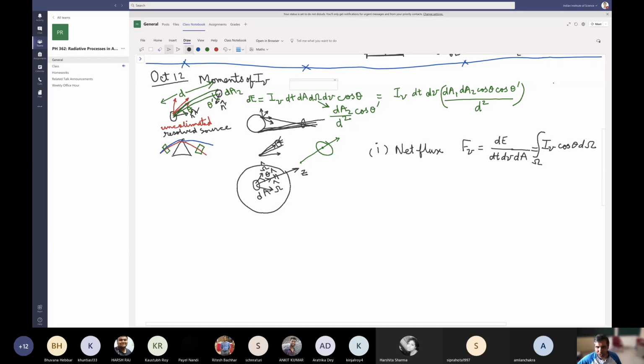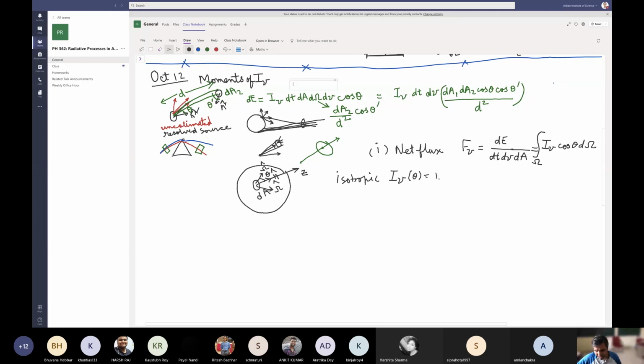Now, if you have isotropic radiation, where I nu is the same along all directions, what it means is that I nu is independent of angle theta.